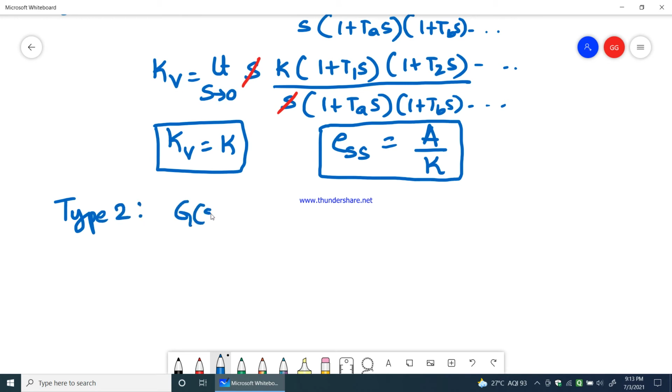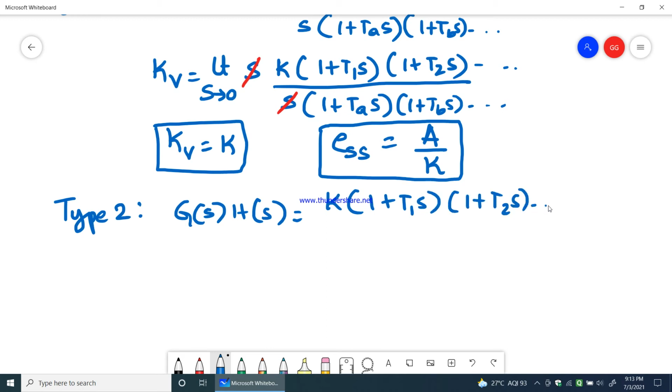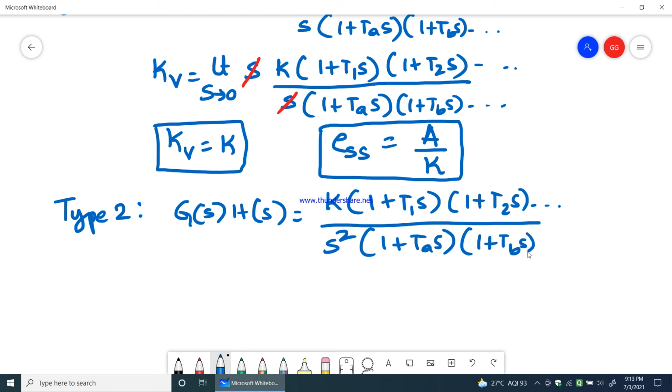G(s)H(s) equals K into (1 plus T1s) into (1 plus T2s) and so on, divided by s square into (1 plus Tas) into (1 plus Tbs) and so on.